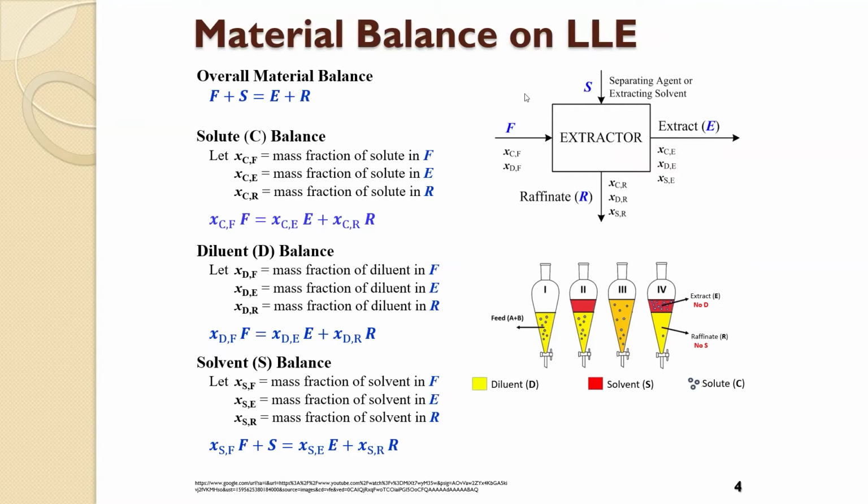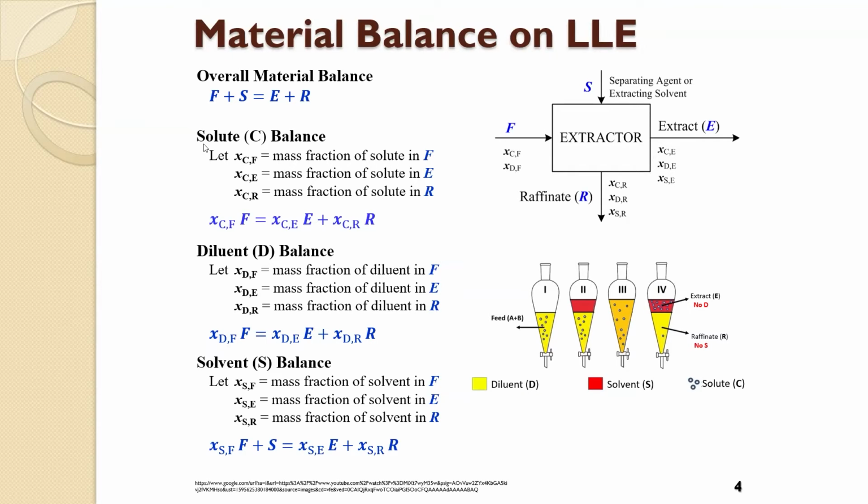So this is the sample process flow diagram. You have the feed. After that, the solvent or the separating agent, you have the extractor. And then after shaking, you will separate that as an extract and a raffinate. So what does this mean?